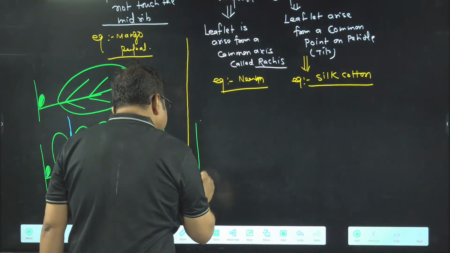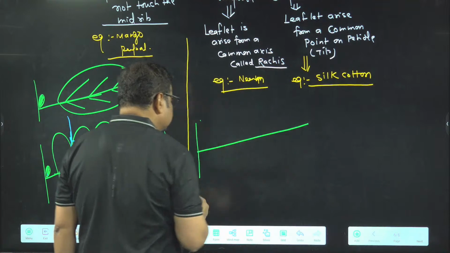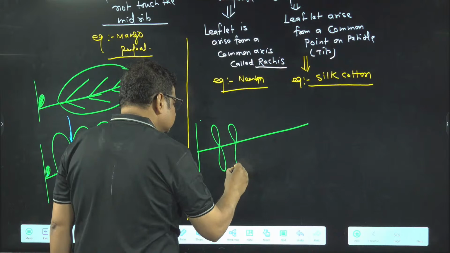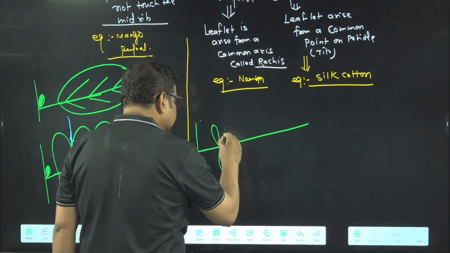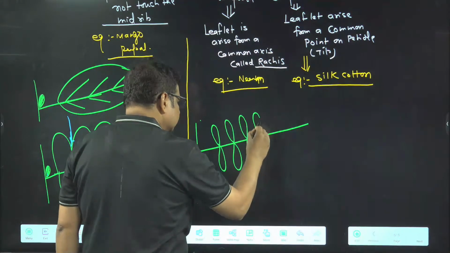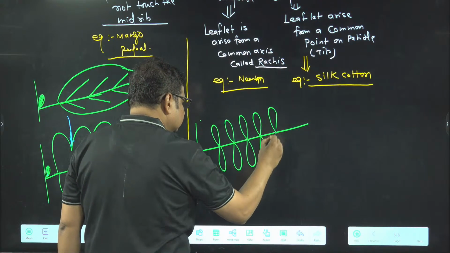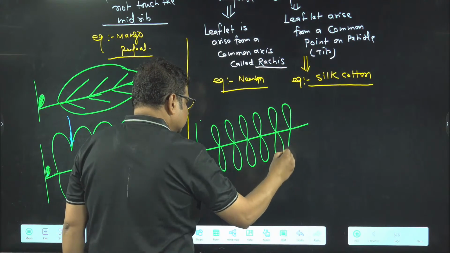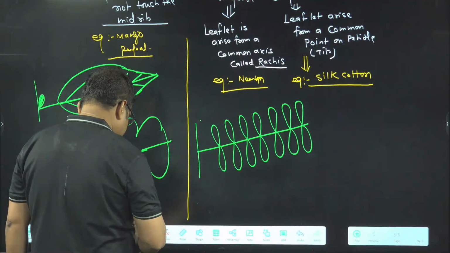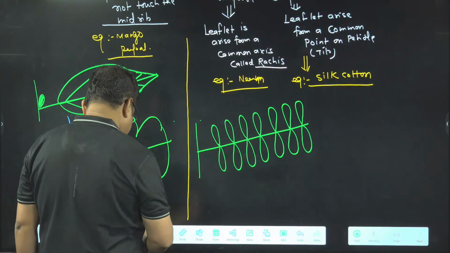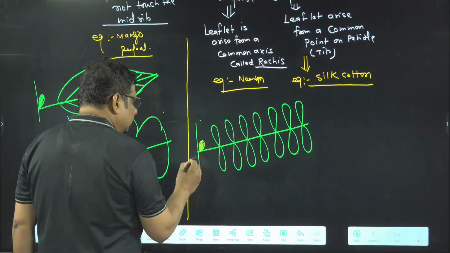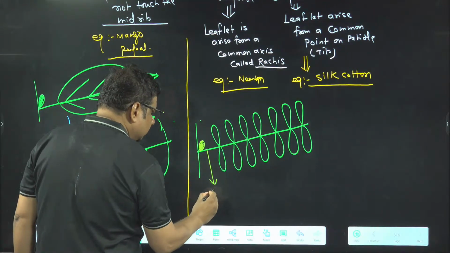So, what happened in the case of pinnately compound leaf? Look here. This is petiole.